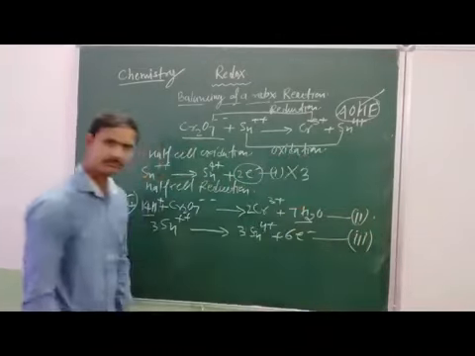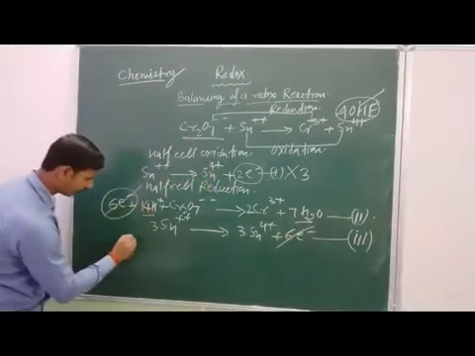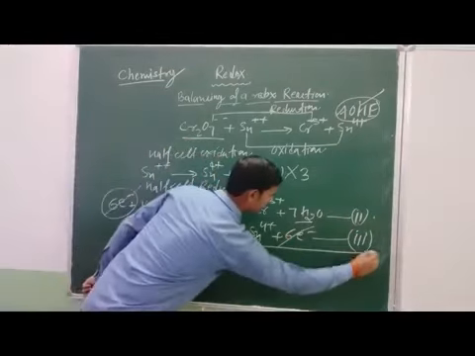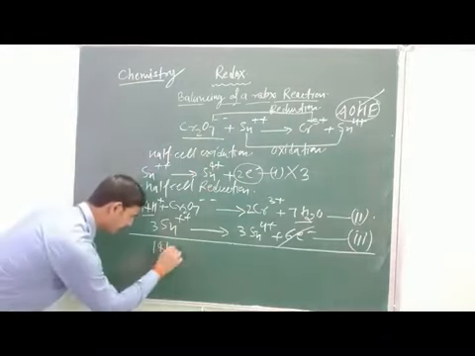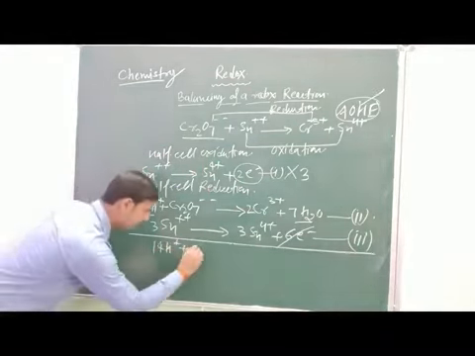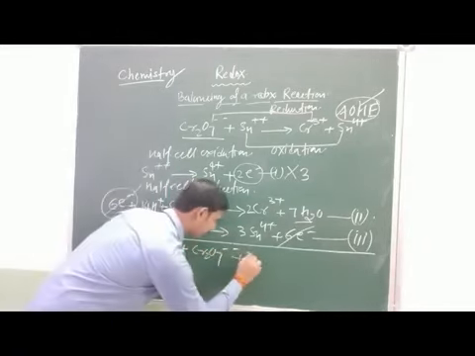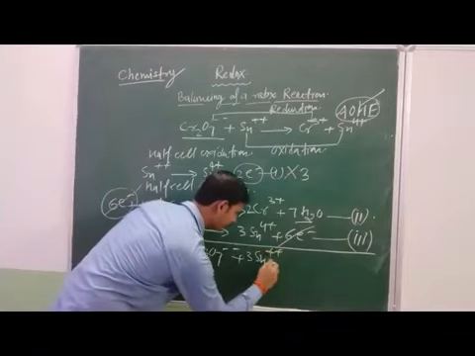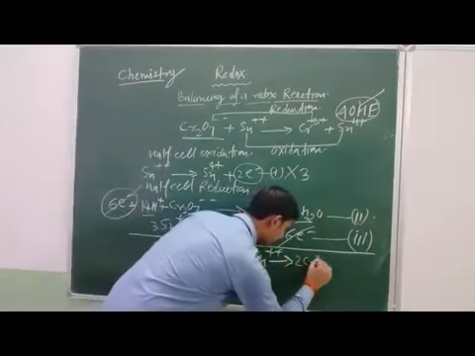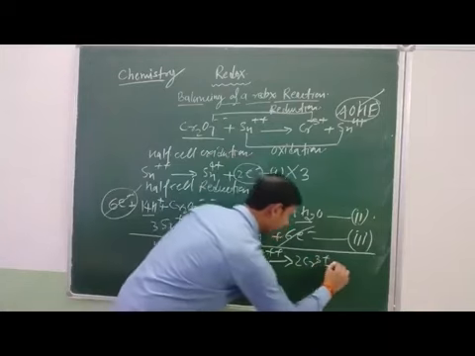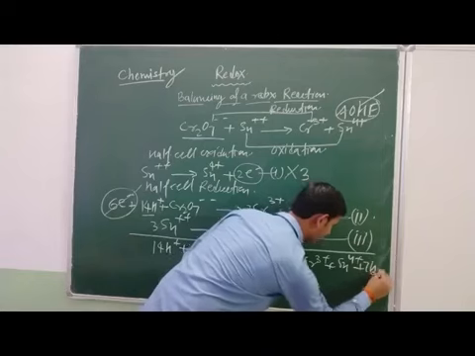Third one. Now these electrons are cancelled. Then we get the overall reaction: 14H+ plus Cr2O7 2- plus 3Sn2+ to give 2Cr3+ plus 3Sn4+ plus 7H2O.